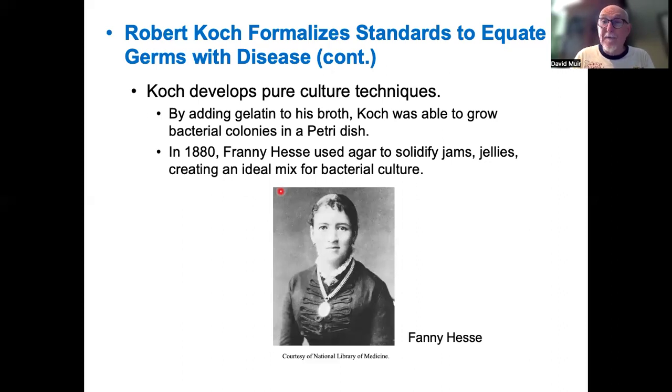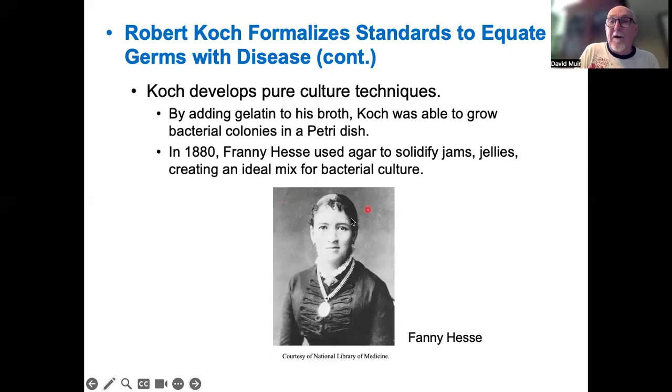It's an animal protein, and they digest it. And very quickly, a gelatin medium can turn to mush, and all of your cells just mix up with one another, and you've lost your attempt to produce pure culture.